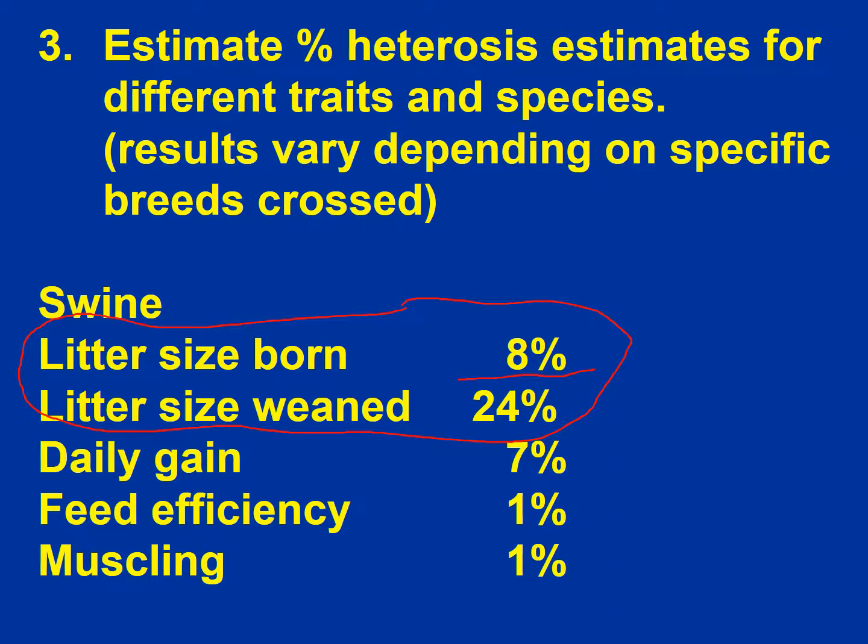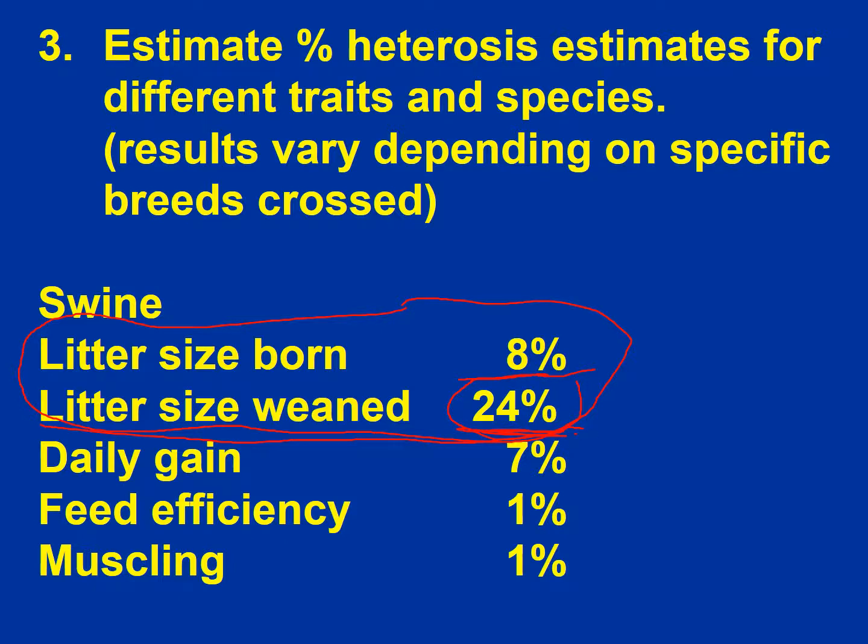But then when we look at litter size weaned, it's 24%, which is a lot. So you get more pigs born, more pigs survive, and they tend to be heavier. So litter size weaned, tremendous advantage. If you're raising pigs to supply the consumer with pork, you need to be crossbreeding.